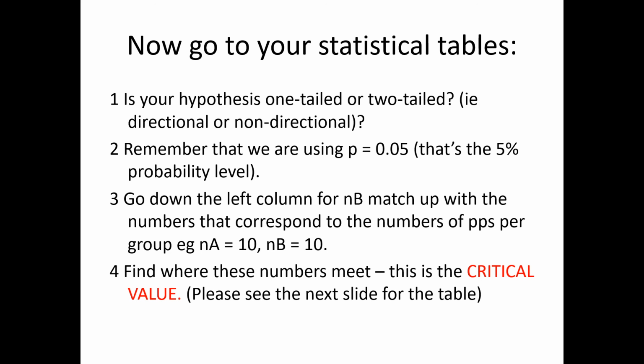Confusingly, for psychology students, there are two terms that mean the same thing. One-tailed is a directional hypothesis. Two-tailed is a non-directional hypothesis. A directional hypothesis is one which predicts the direction of difference between the two conditions. For example, Loftus and Palmer. A directional or one-tailed hypothesis would sound like this.